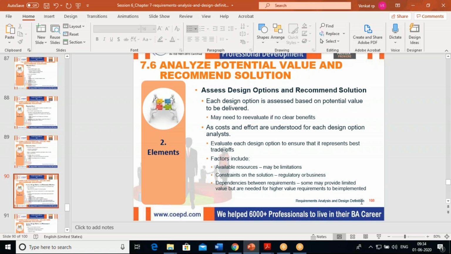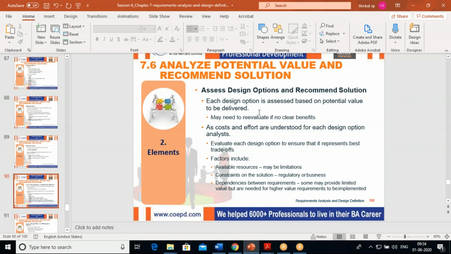Whereas if you go with your own application development, 95% mapping can be done. So there is a trade-off of 15%, whether we go with a software product or develop our own application, and you have to take a decision on it. Here we will analyze the potential value and recommend a solution based on all these parameters. Fine, got it.